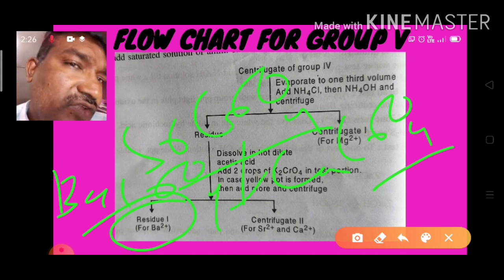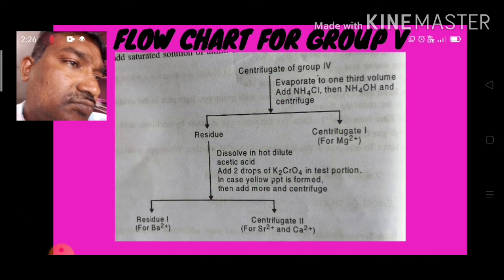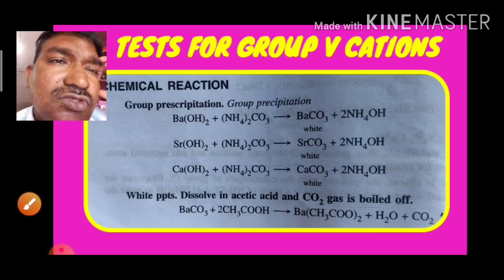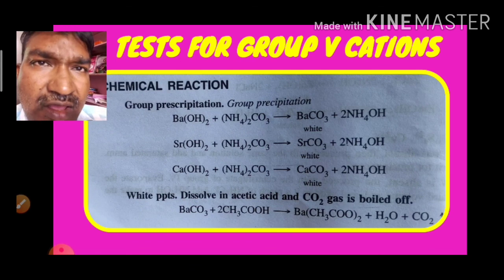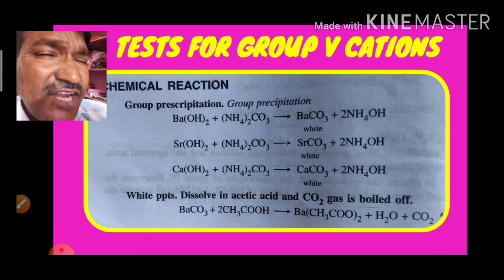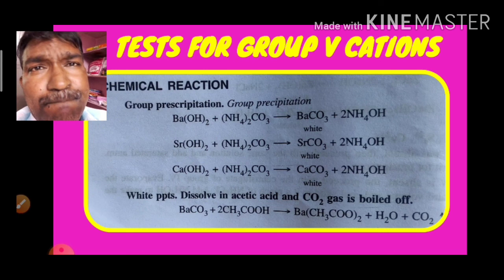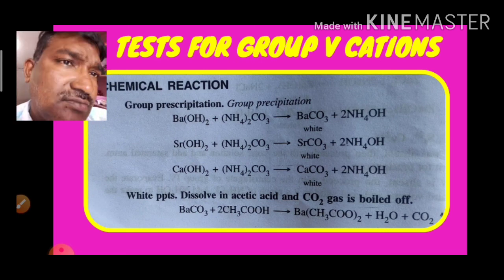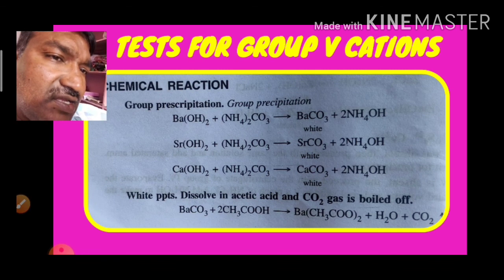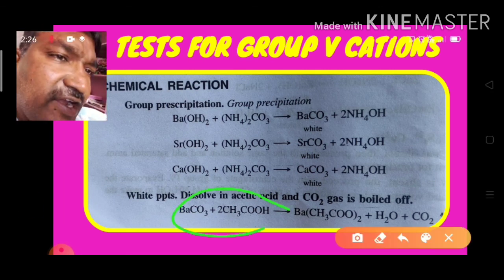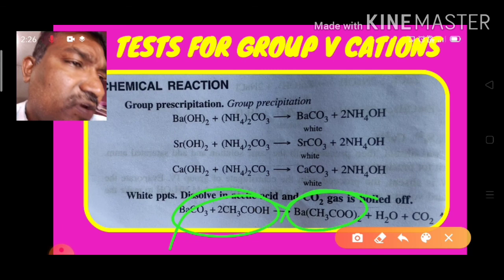So that we have to remember. These are the chemical reactions involved in the identification of the fifth group cations. Here we get the carbonates, and when the acetic acid is added, they dissolve in the form of the acetates.